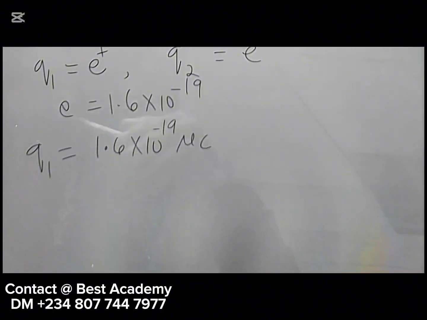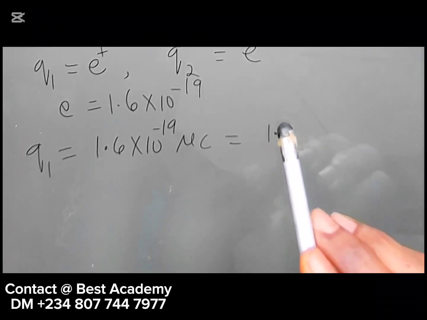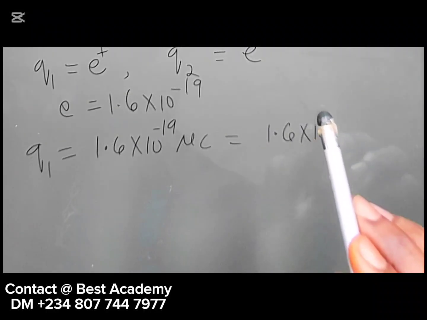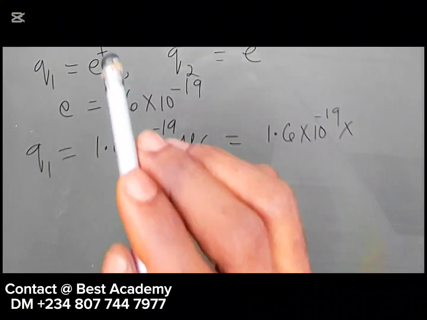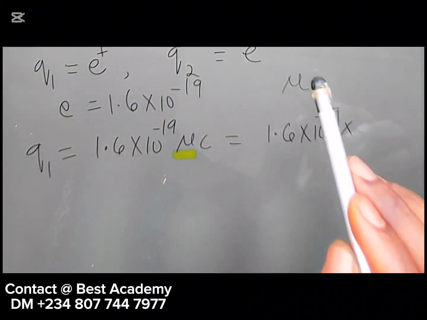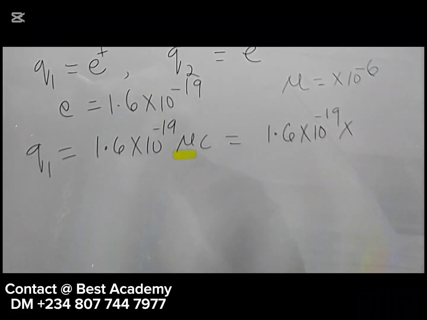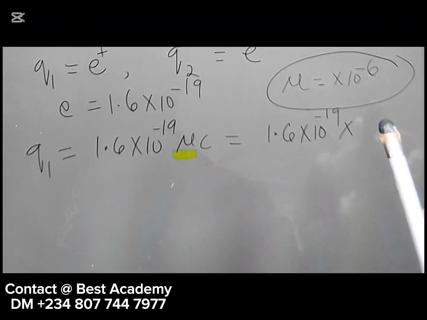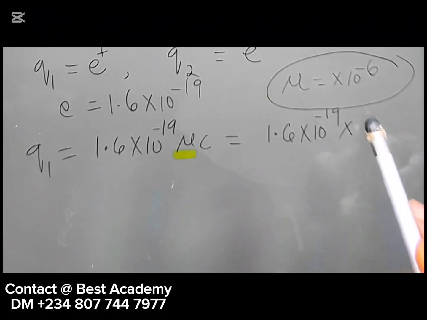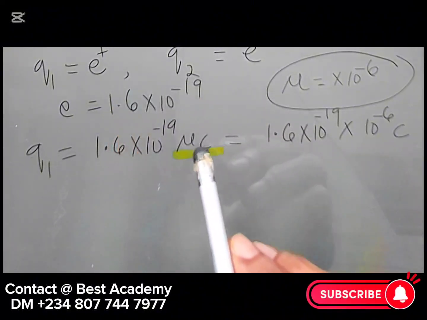So this is going to be 1.6 times 10 to the power of minus 19 times, from this prefix, micro is said to be times 10 to the power of minus 6. So anywhere we see micro, we replace micro with times 10 to the power of minus 6, and we'll be left with coulombs. Please take note of this.